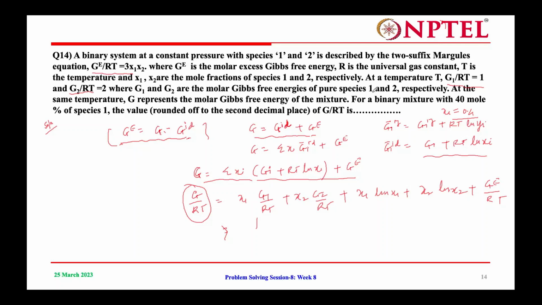We can also use this for an ideal solution like a liquid.